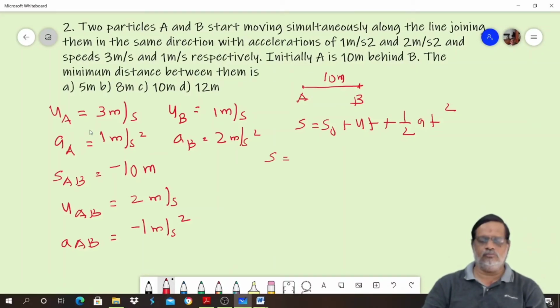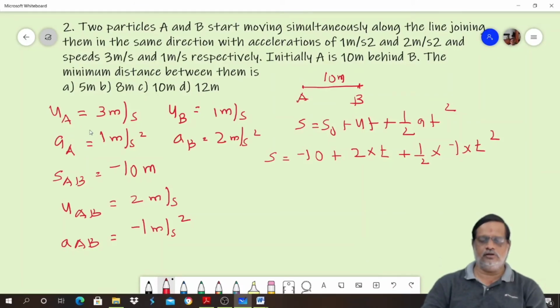So S is equal to the initial relative separation, minus 10, plus the initial relative velocity, which is 2 into t, plus half into the initial relative acceleration, minus 1 into t square. So what we are going to do is find the time corresponding to which the distance between them is minimum and put that value here.